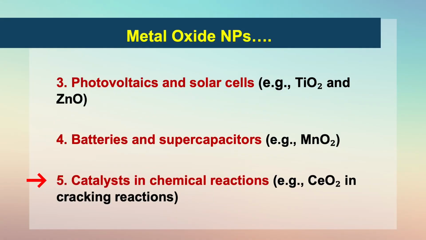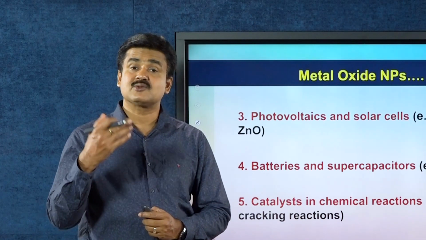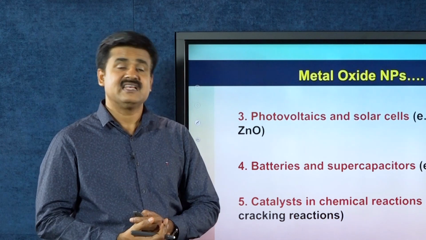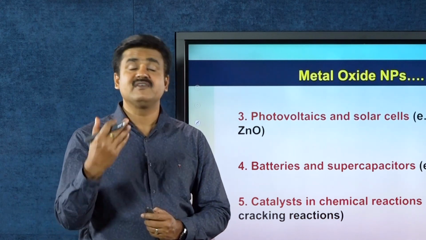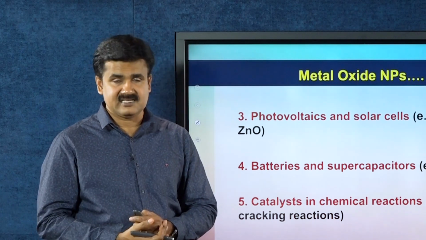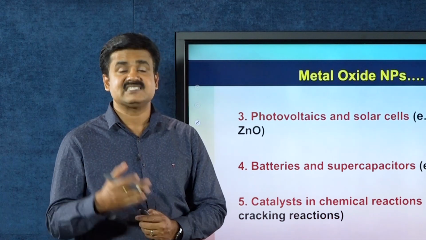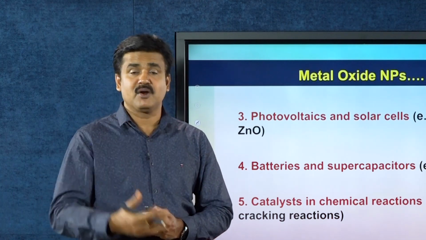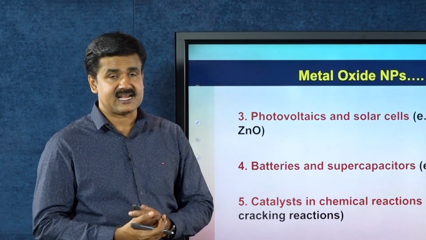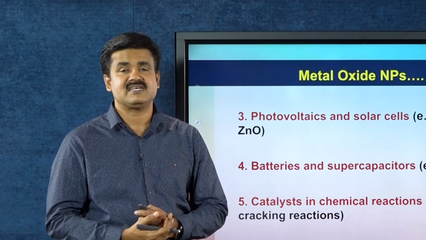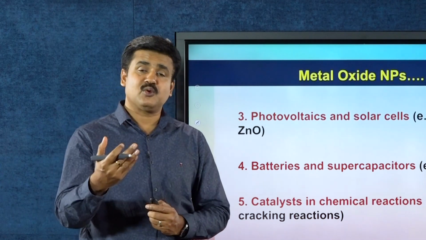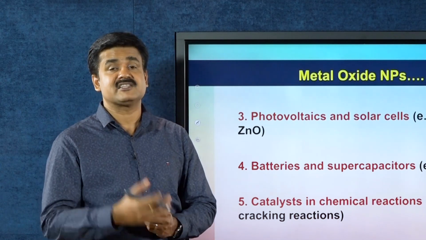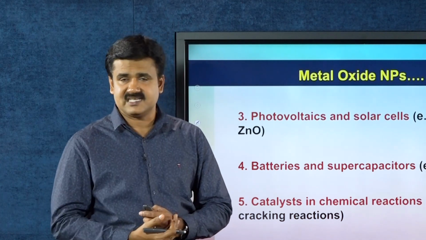Catalysis in chemical reactions. There are so many metal oxides that proved their efficacy in catalysis. A catalyst is a species which is capable of altering the rate of a chemical reaction without actually participating in it. The metal oxide nanoparticles are associated with a small size and hence very high surface area.